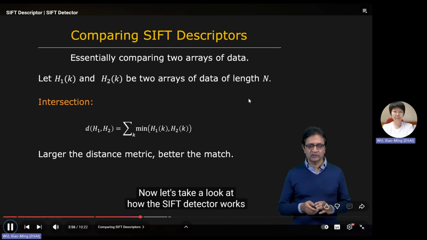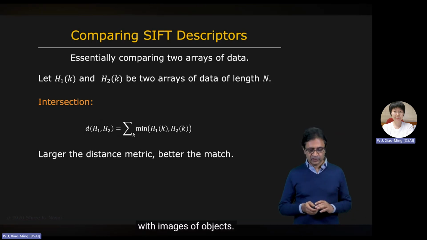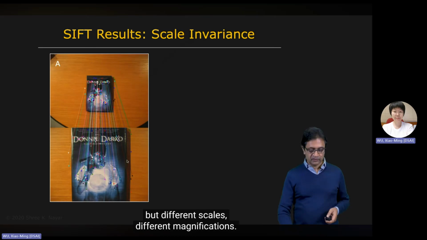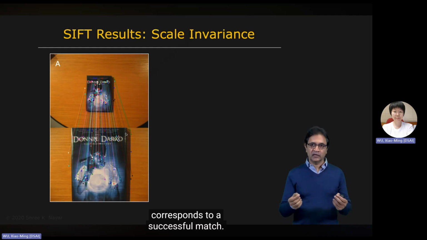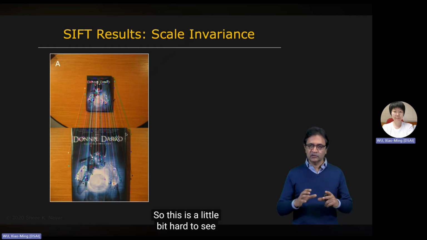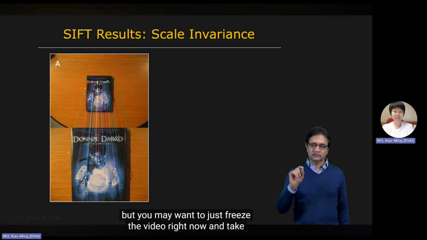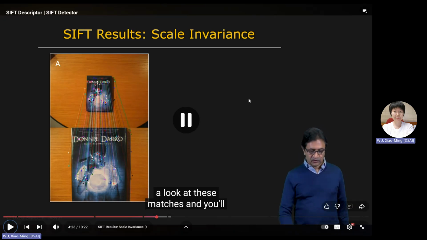SIFT detector works with images of objects. First, we're going to take a look at scale invariance. So these are images of the same object, but different scales, different magnifications. And each one of these lines that you see here corresponds to a successful match. This is a little bit hard to see because you have lots of features and lots of matches, but you may want to just freeze the video right now and take a look at these matches.